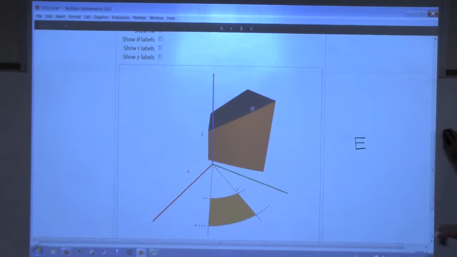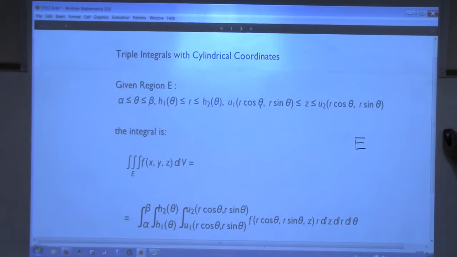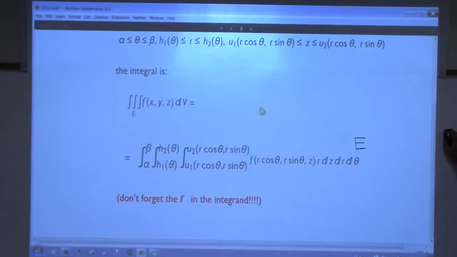If the shadow on the ground isn't type 1 or type 2, and it looks more like polar, then you should convert to polar coordinates, which is what you were suggesting you could have done there. On the problem that I walked out and let y'all work on, you could have done polar, but you would have had to project it up against the back wall. But it was possible, right?